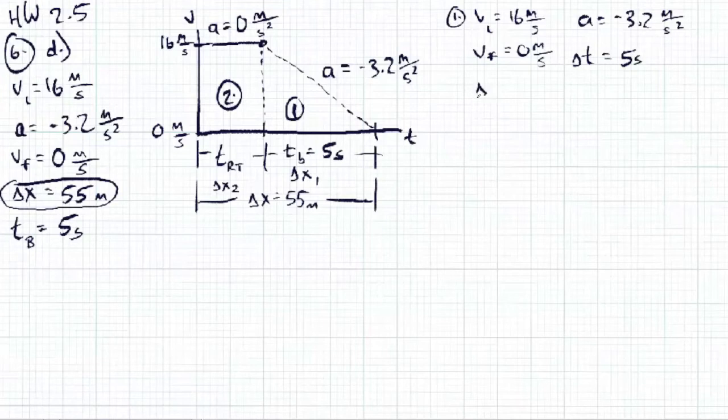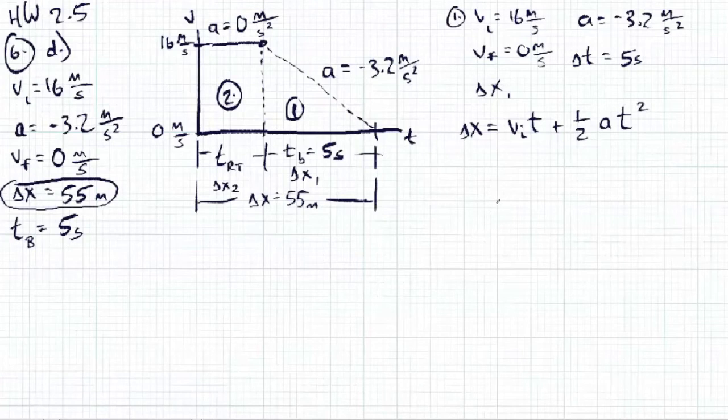So what is our displacement for section 1? Well, we have an equation for that, and if you recall from our 5 equations of motion, this is going to be equation number 4. That's where our displacement is going to be equal to the initial velocity times time plus 1/2 times a, or acceleration, times time squared.